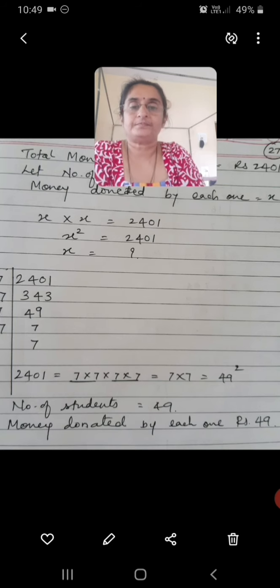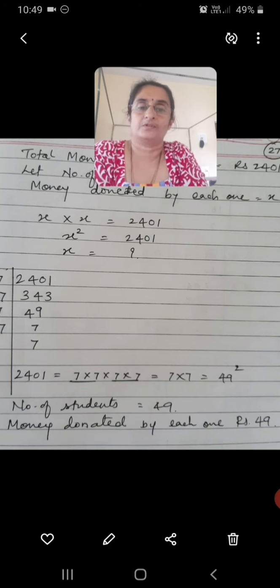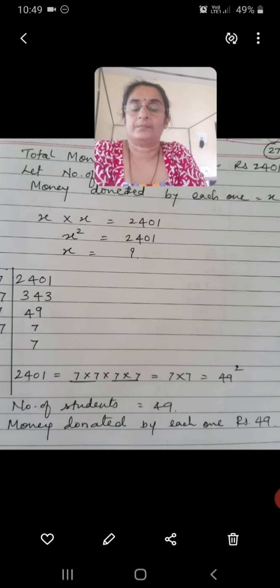So you have to find the root of both the numbers. X square root is X, and 2401's root is 49 by using prime factorization. Now that is the answer. So the number of students is 49 and the money donated by each one of them is also 49.